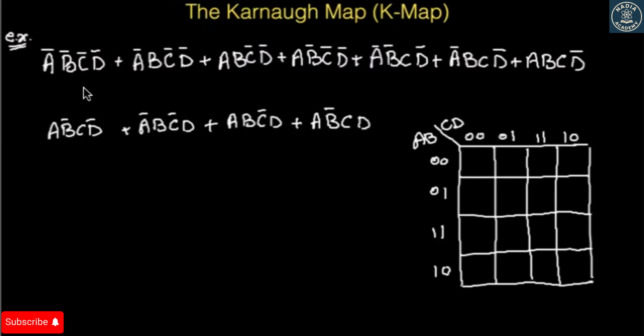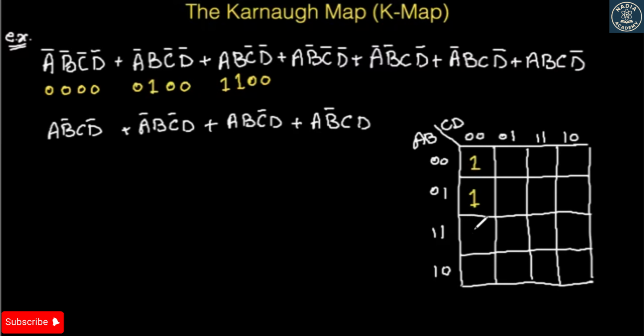Now we go to the first term, A bar B bar C bar D bar: 0, 0, 0, 0, 1 over here. Next, A bar B C bar D bar: 0, 1, 0, 0 over here. And this is A B C bar D bar.